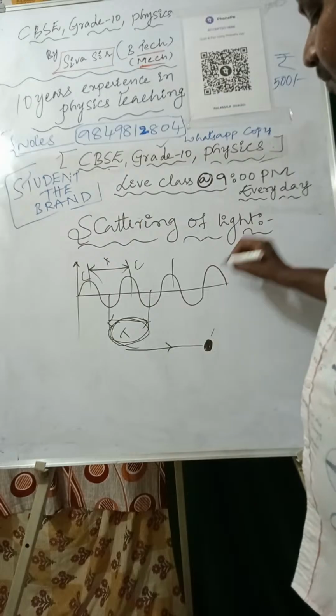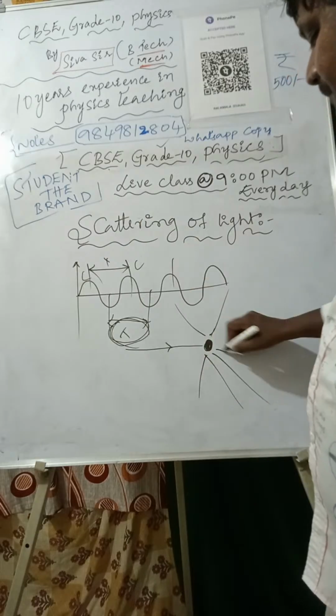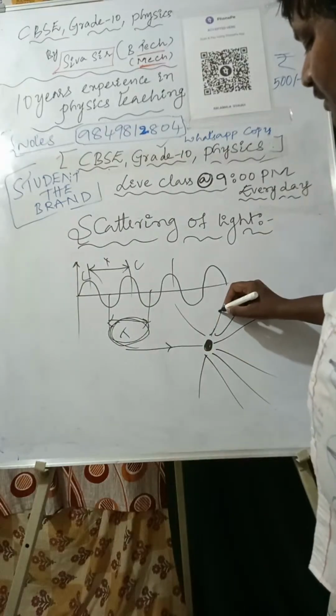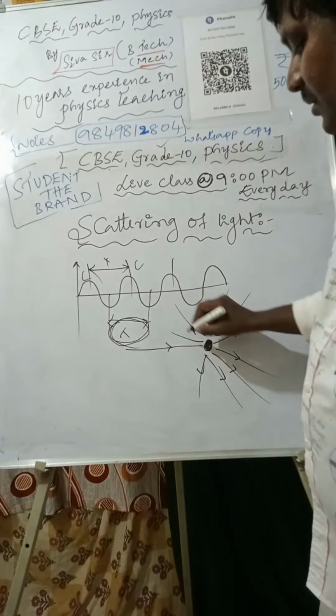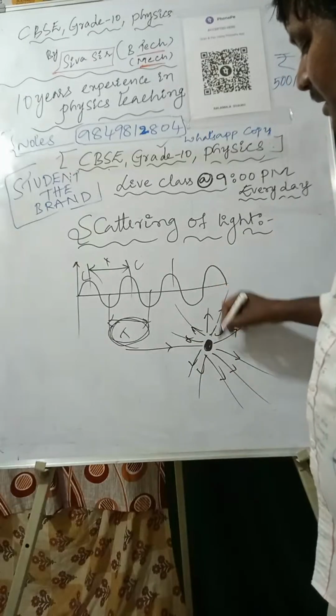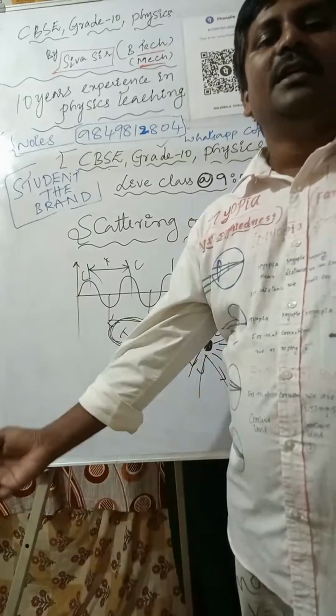So this light will be scattered. Re-emission in all directions with a different intensity is called scattering of light.